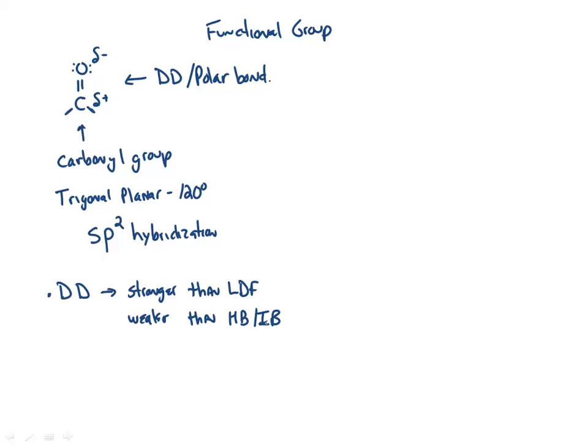So how is that going to affect things like boiling points and melting points? Where would we expect these to be in our continuum of molecules that we've talked about? What's got the lowest melting points and boiling points? Right, but what type of molecules?